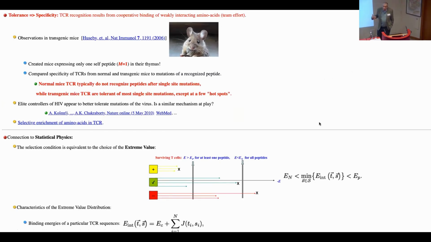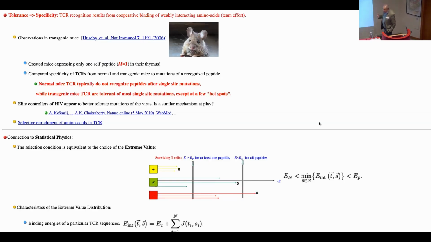But there is a particular cohort of patients called elite controllers that can manage to bind to various variants of the virus as it mutates. And it happens that those patients also have a particular variant of the MHC gene that only presents a fewer number of self-peptides.